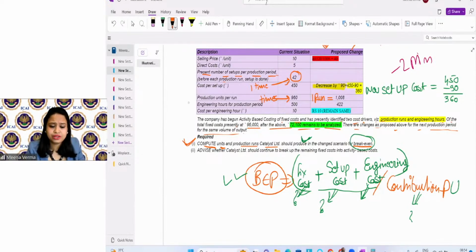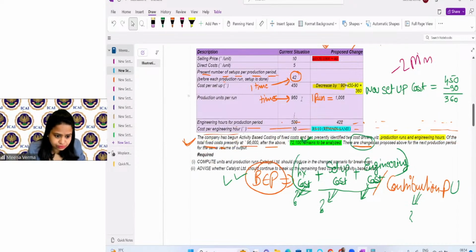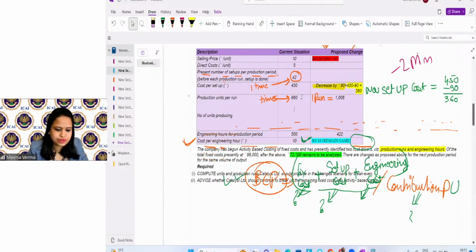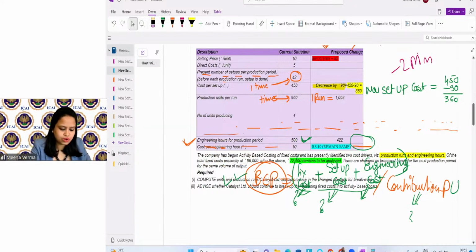So what will happen if you multiply them? You will get the number of units that you are producing here. If you want to find out the total number of units that we are producing here, you can find it easily. I can take these two figures, 42 into 960.